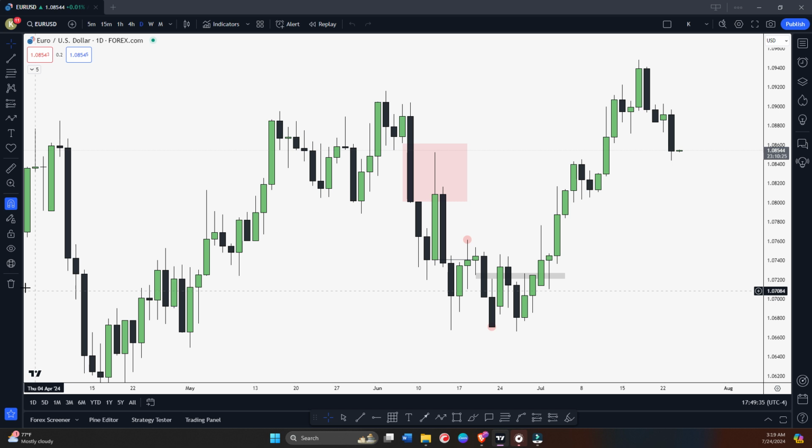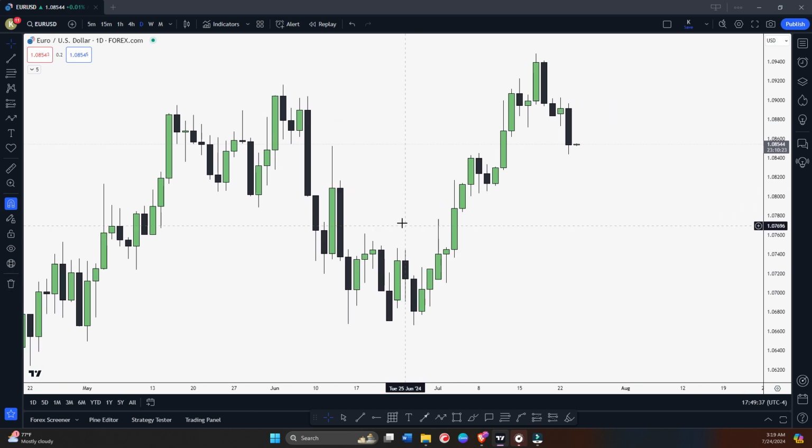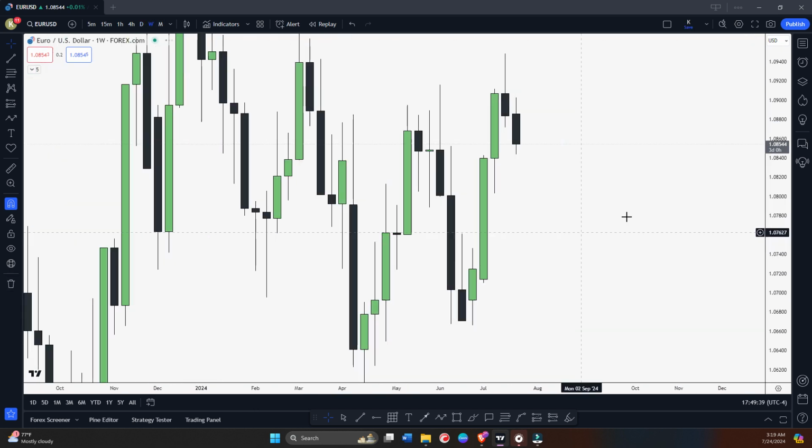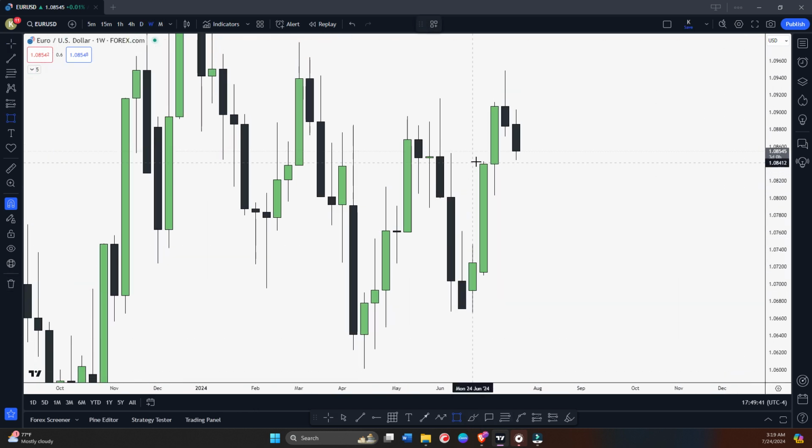Basically, if you see the current structure as well, let's start with the weekly time frame. You can see we are right now on the weekly fair value gap. So on weekly we have this first line of defense, and you can see on weekly we also have this second line of defense. So if weekly has to turn bearish, what do we want to see? We want to see the weekly bearish candle close below these two fair value gaps, sorry, bullish fair value gaps.